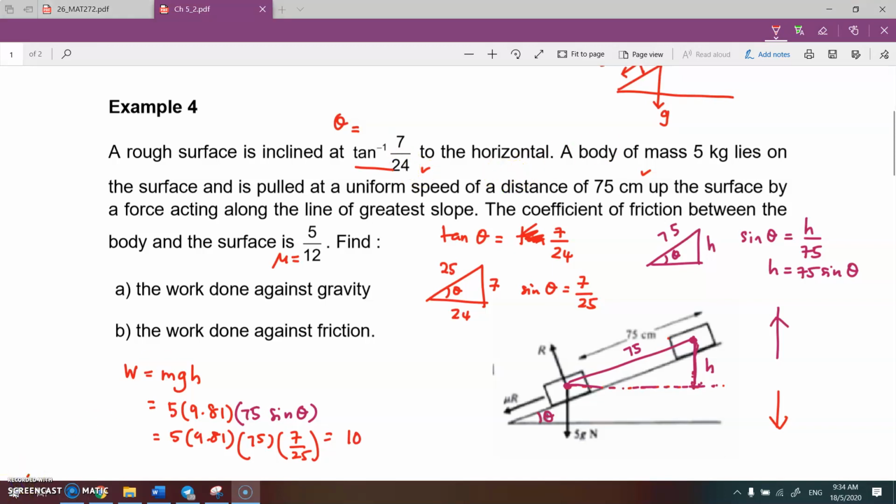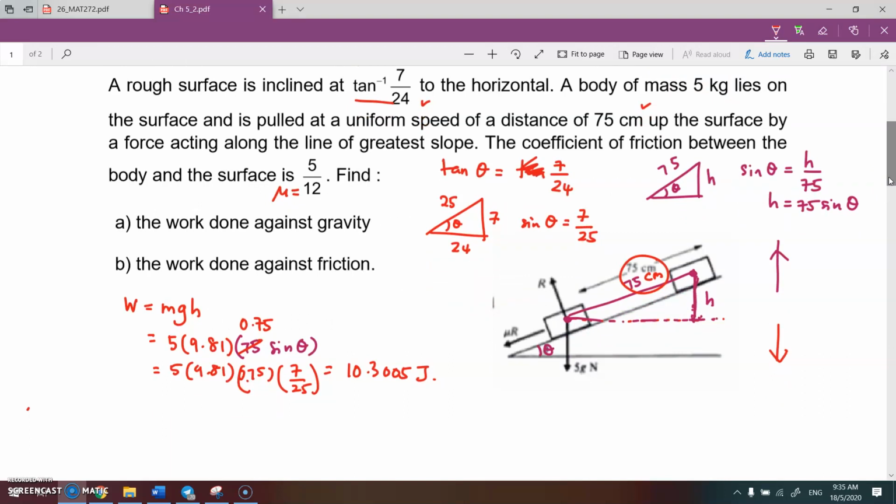I forgot to change this one, it is in cm, so we need to change to meter. It should be 0.75 times 7 divided by 25. So you get 10.3005 joules. This is the work done against the gravity.